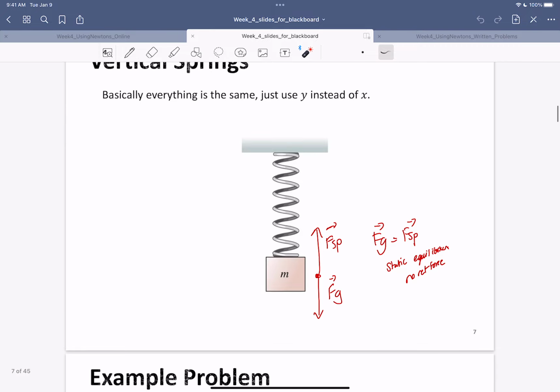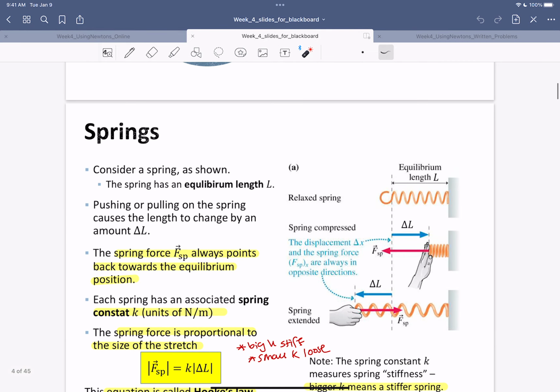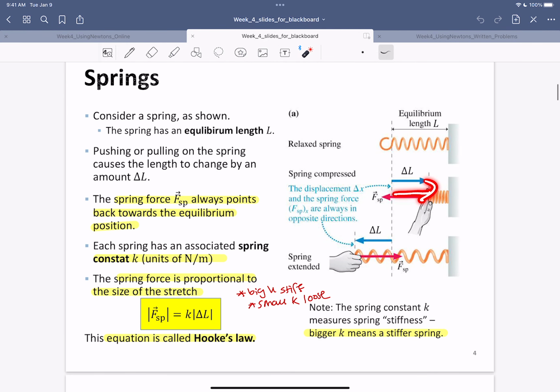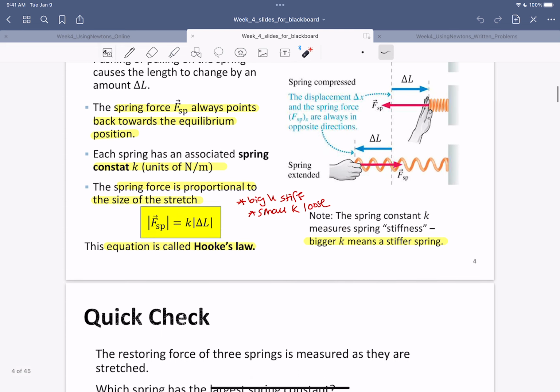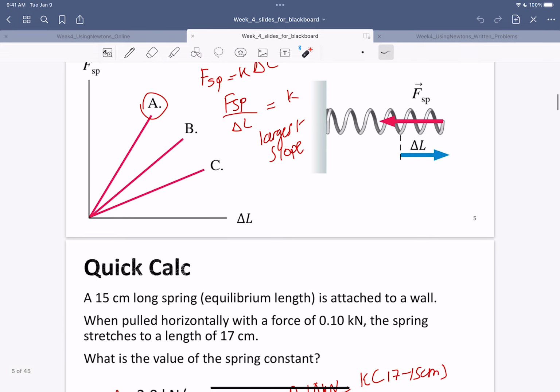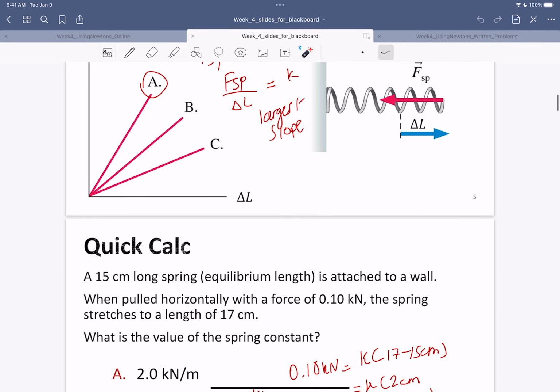So like I said in the example here, if I compress it to the right beyond its original position, the spring force is going to want to unwind it to the left. If I pull it to the left, the spring force is going to want to compress it again to the right. So it depends on delta x or delta y, just on whether you're in the x or y direction. But it's dependent on the sign that you have for delta x or delta y.